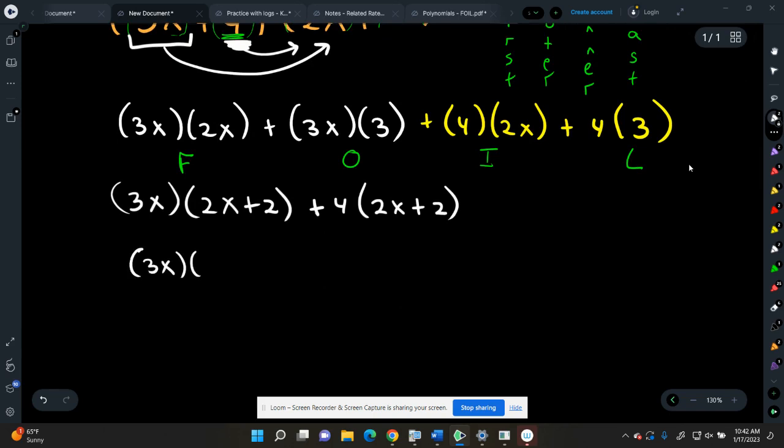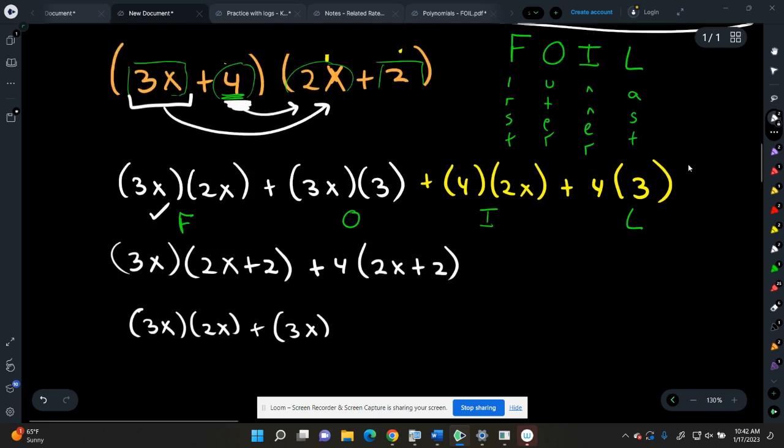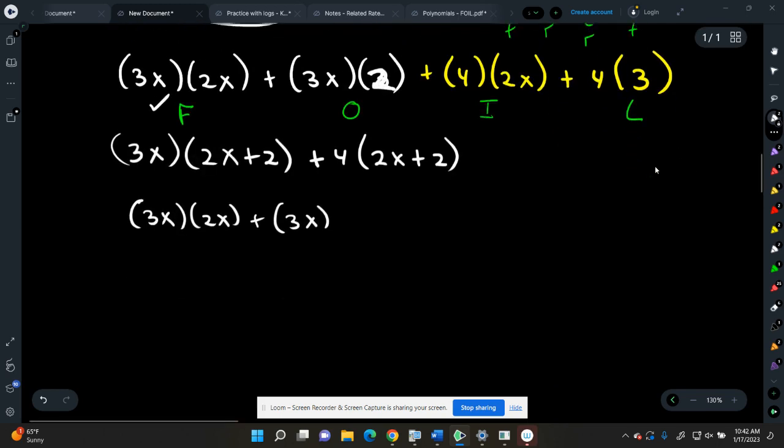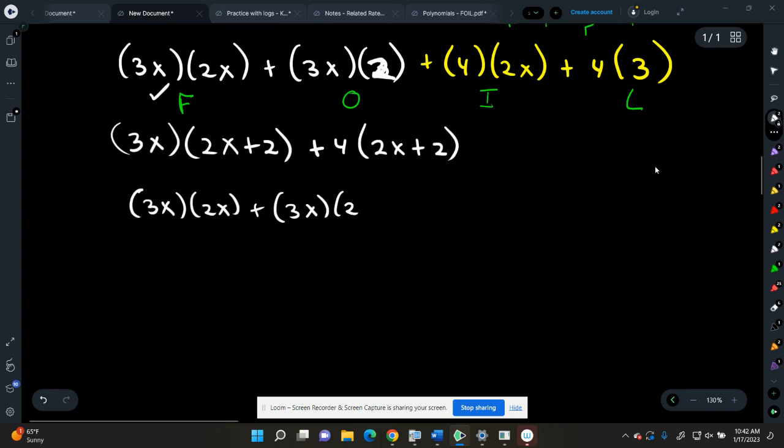3x times 2x. There we have that. And then we have plus 3x. Did I copy right? Oh, I made a mistake when I copied this one. This is a 2 here. Sorry. 3x times 2 plus 4 times 2x plus 4 times 2.